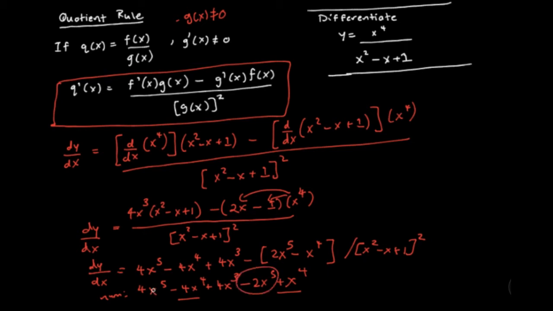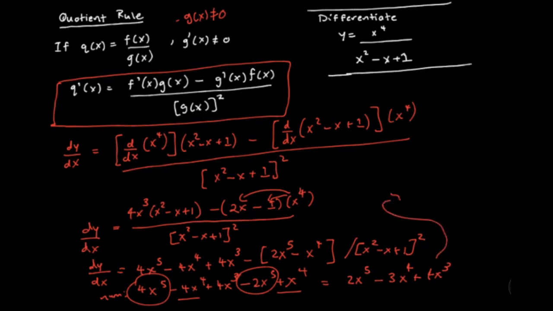So this is going to give us 2x to the power 5, negative 3x to the power 4 plus 4x cubed. Okay, so this is what the numerator will look like, and this is our denominator.